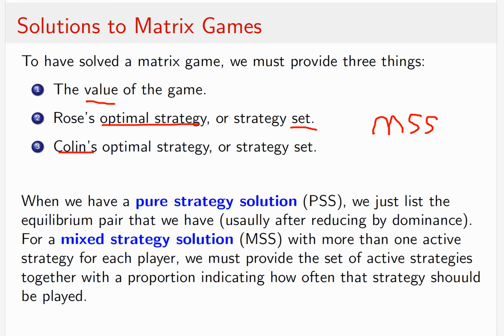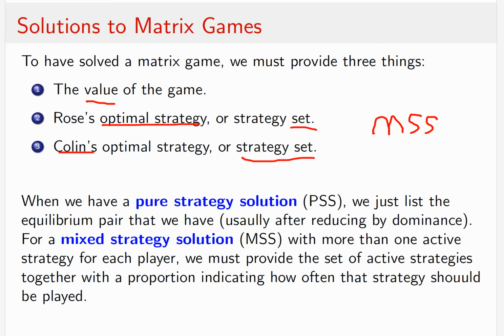But when we have a mixed strategy solution, we've got a couple of things we have to do, or can try to do. The problem is if we can't reduce by dominance so that there's only one active strategy, if the players have more than one active strategy, if they both have two active strategies, or they both have three active strategies, then we have to provide a strategy set for the players. We have to not only say which strategies are active, but we have to say what proportion of the time it's optimal to play those strategies, right?